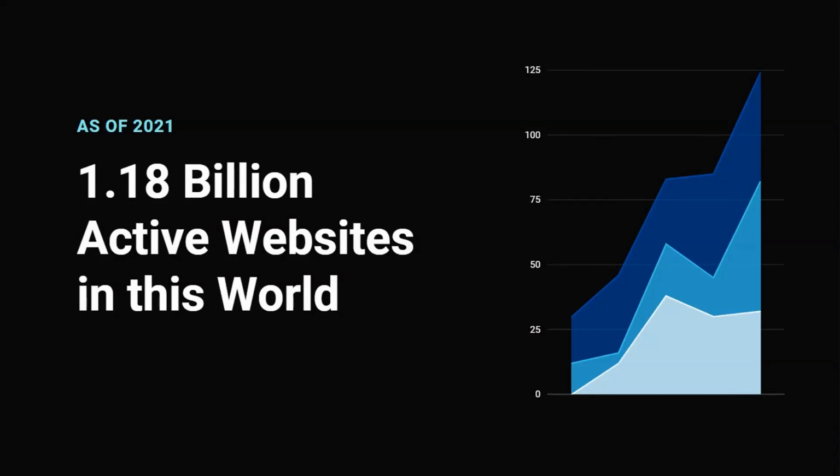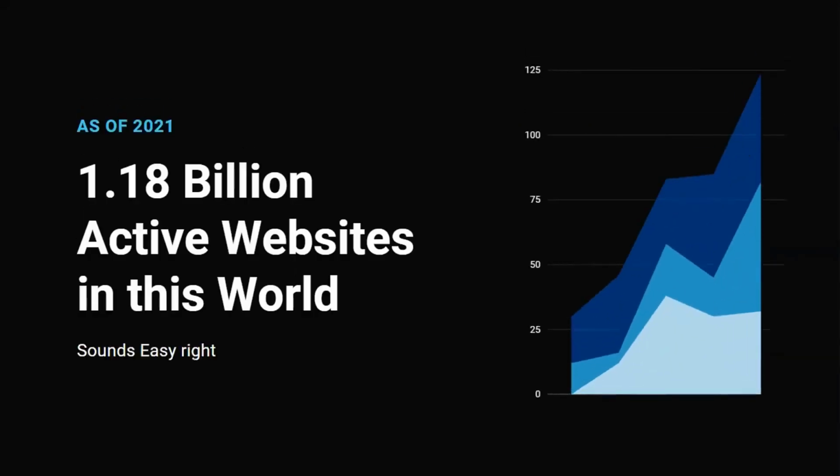In the world today, we have 1.18 billion active websites. Imagine finding one website out of these which has a particular image, a particular software, or a particular game that you want to search for. It will be very difficult. You will say, okay, I'll use a search engine, but finding a particular text or image will still be very tough.